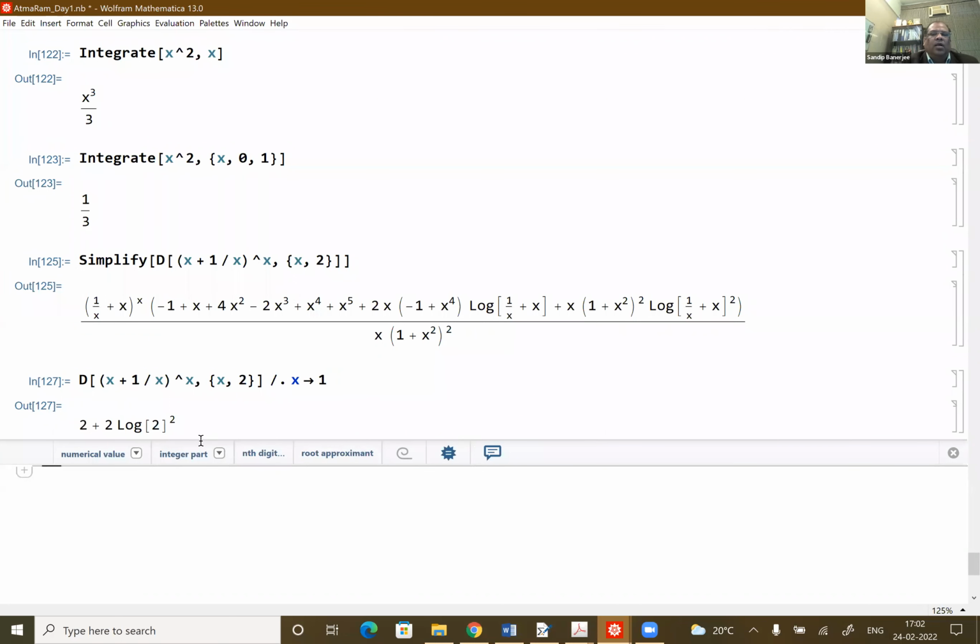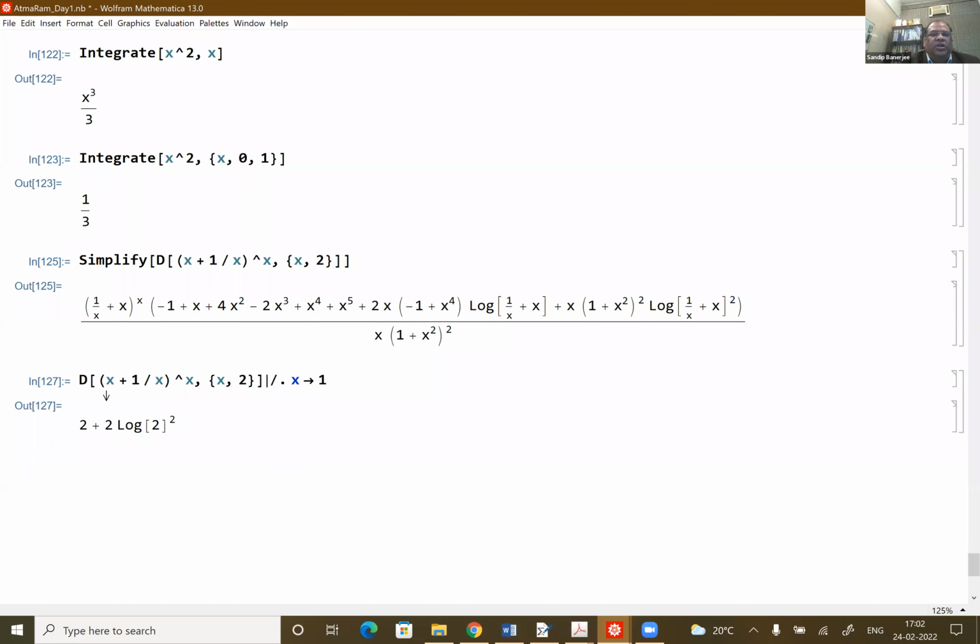Yeah. So this is the command. You are differentiating. Up to this much is the differentiation thing. And then I want what will be the value of the derivative at x equal to 1. So I just give slash dot x tends to 1 and it gives me the value.